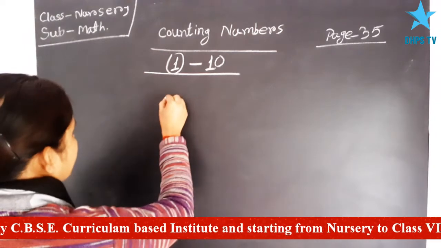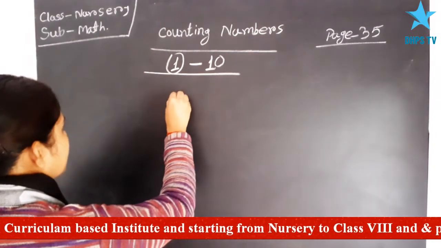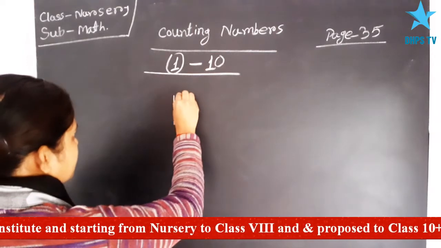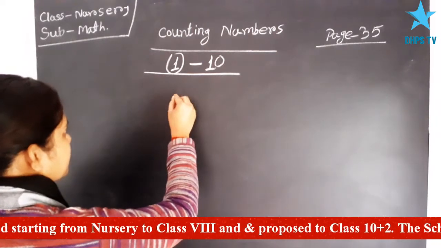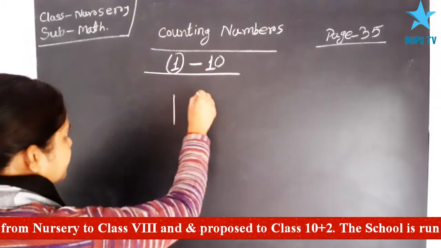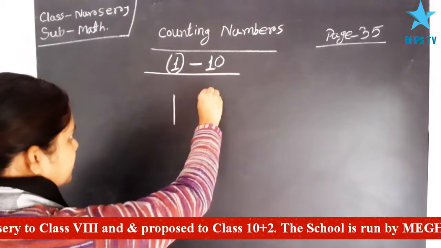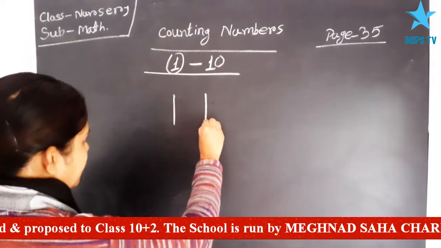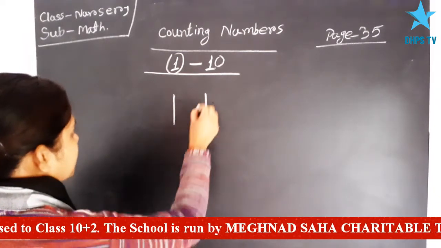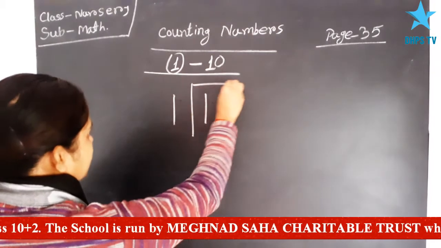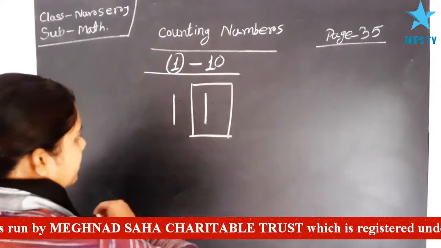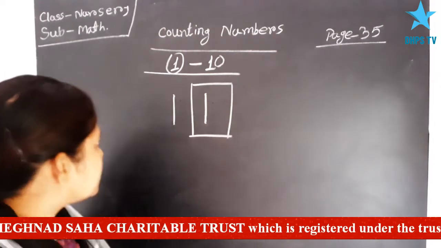So make a straight line like that. Now I am repeating, start a point and make a straight line. So this is the number 1. This is the first counting number.